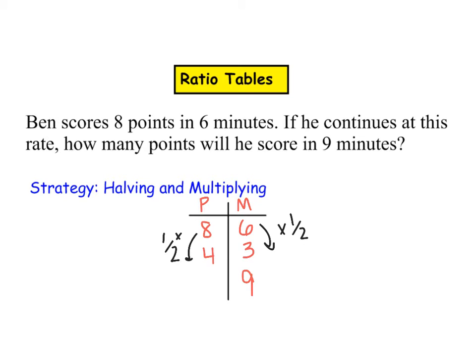And now I can multiply 3 by 3 in order to get to 9, which means I have to do the same thing to the 4. So 4 times 3, and that will get me to my final answer of 12. So in 9 minutes, Ben can score 12 points.